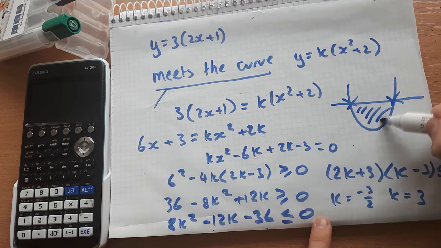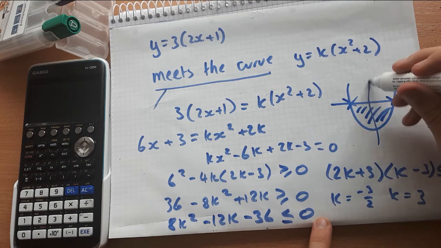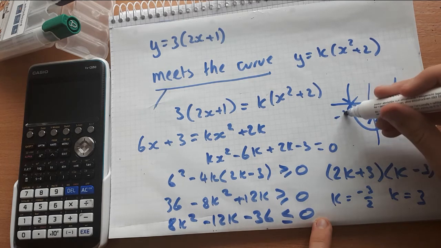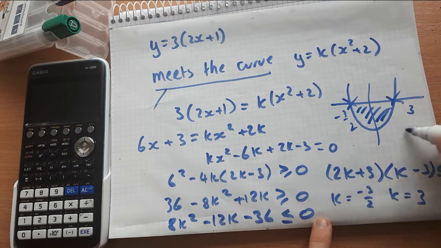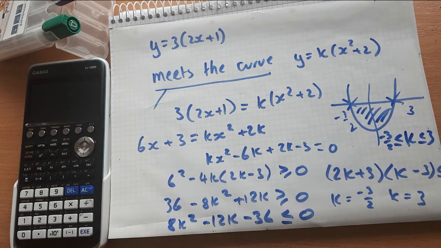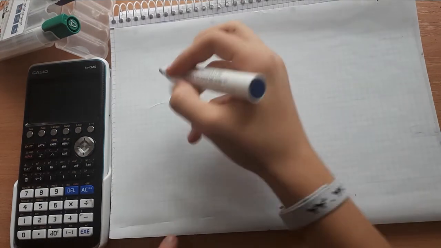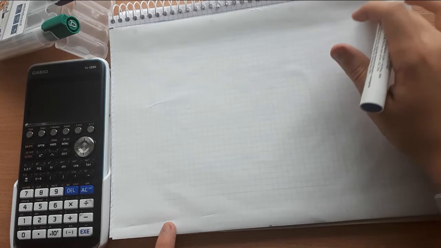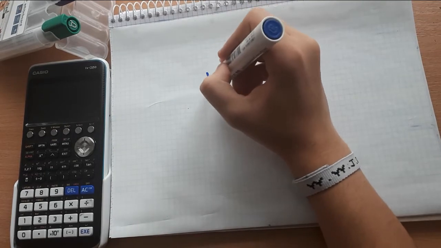So that is this bit here. This is 3 and this is minus 3 over 2, by the way. So we know that k is less than or equal to 3 and greater than or equal to minus 3 over 2. So that is how you do one of those questions, which takes a lot longer and is a lot more complicated. So that is most of the questions you can do with the discriminant.